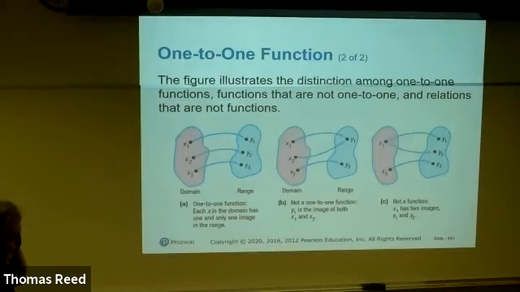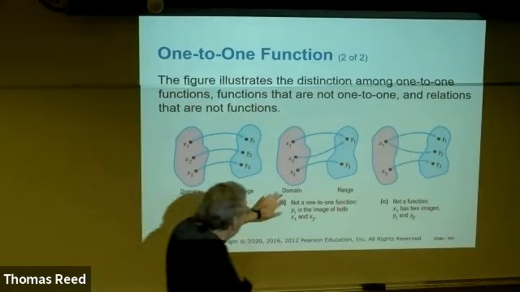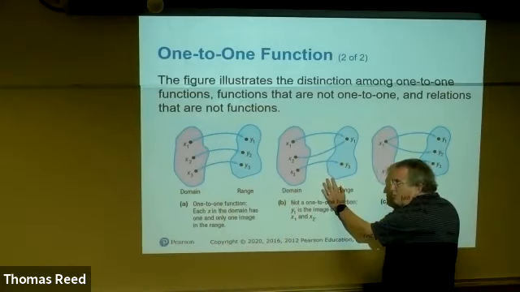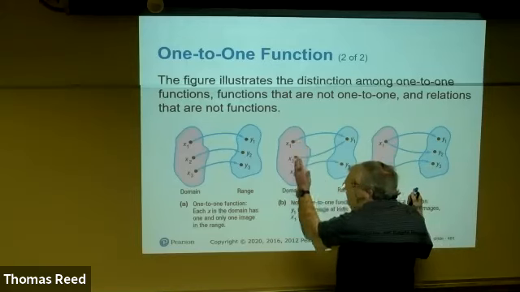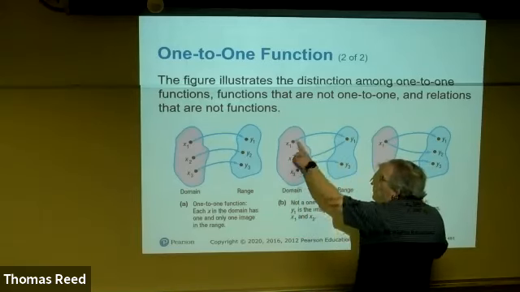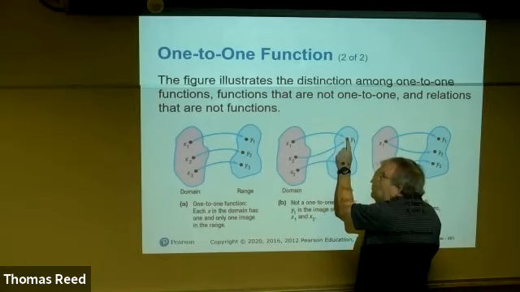So I like this graphic because the one in the middle is just a typical function. Each x value only goes to one y value, but they can go to the same y value.